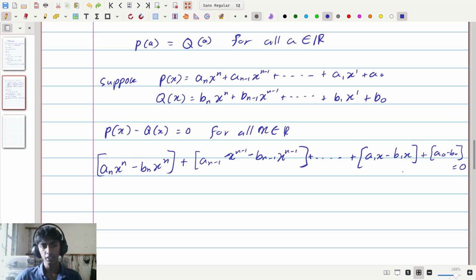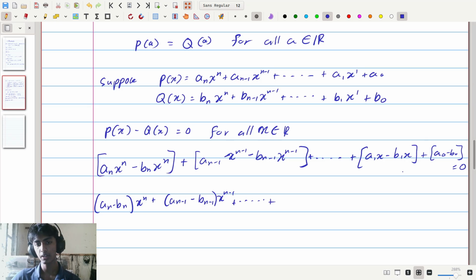So now, factoring out these, we can see that a_n minus b_n times x to the n plus a_(n-1) minus b_(n-1) times x to the n minus 1 all the way down, adding all of these together, and then finally on this side a_1 minus b_1 x plus a_0 minus b_0 has to be equal to 0.